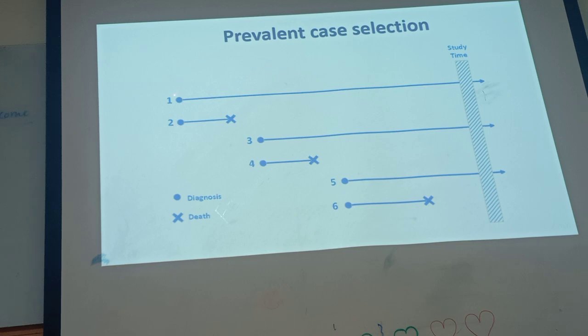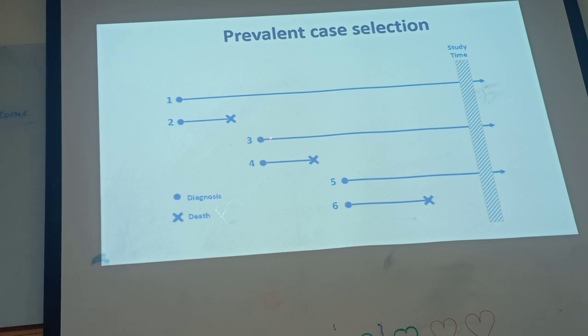Case number 1 was diagnosed 10 years ago, and at the time of study, she is still alive. Okay? Case number 2 was diagnosed 10 years ago, but 2 years later, she died from breast cancer, for example.